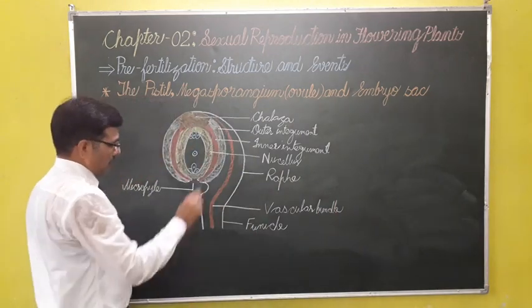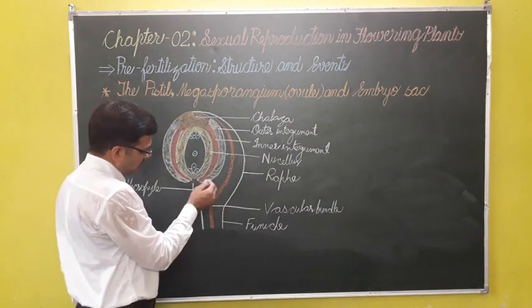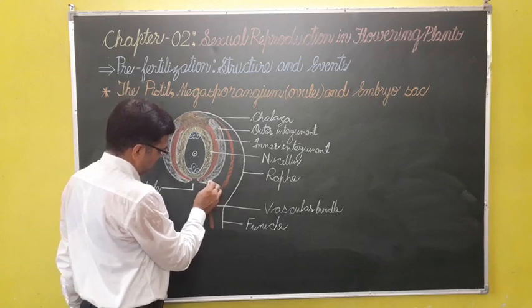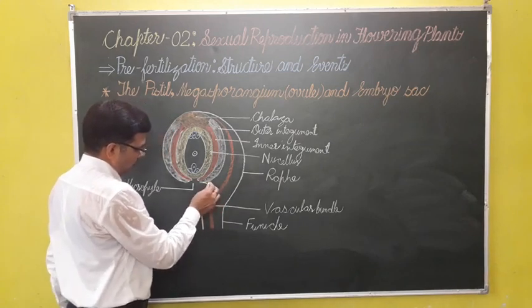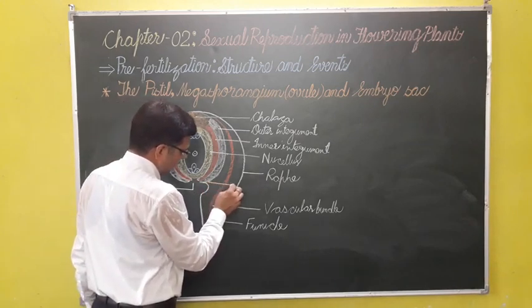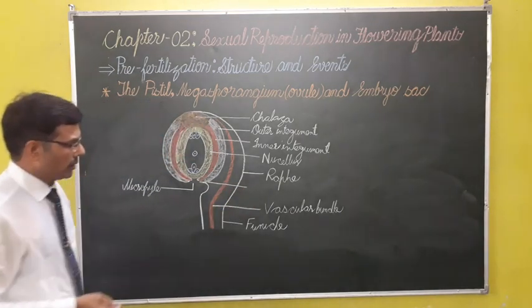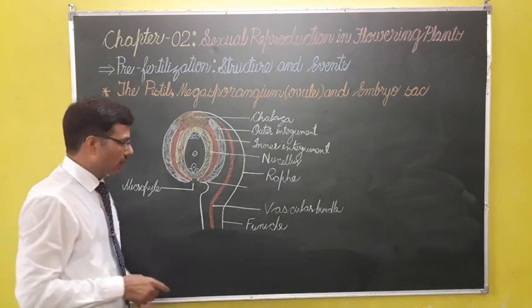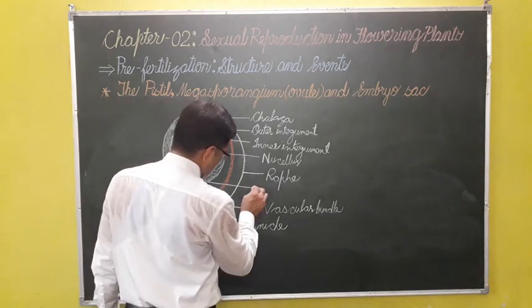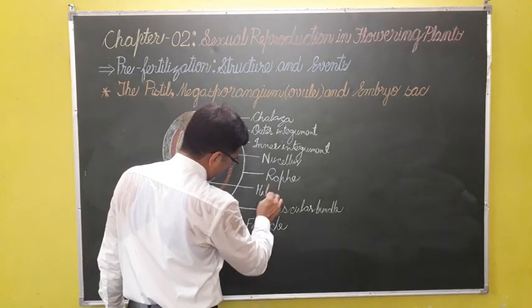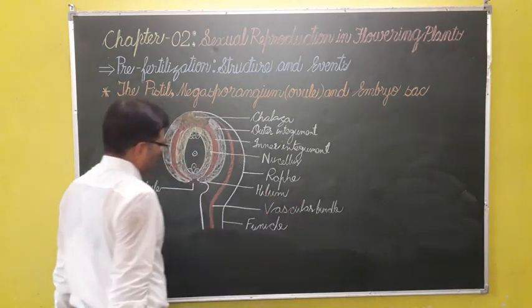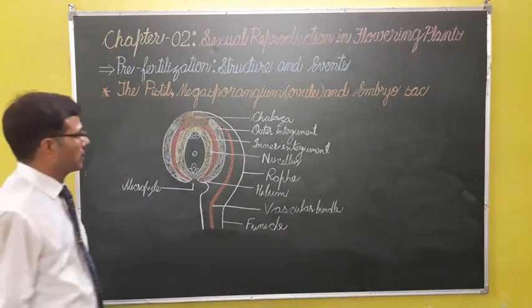And this part of the funicle, which is just touching the body of the ovule, is called the hilum. Right?